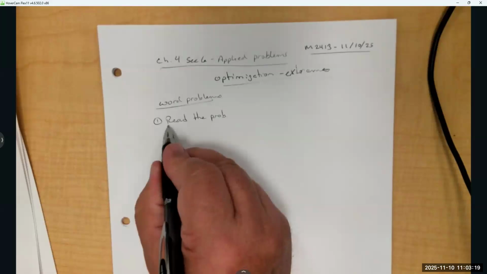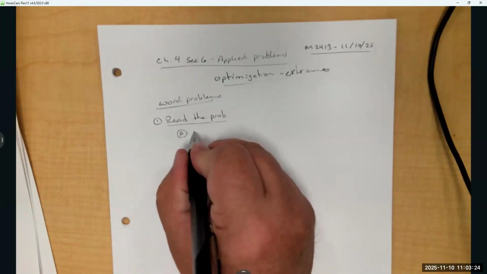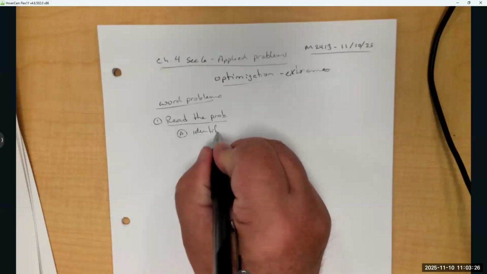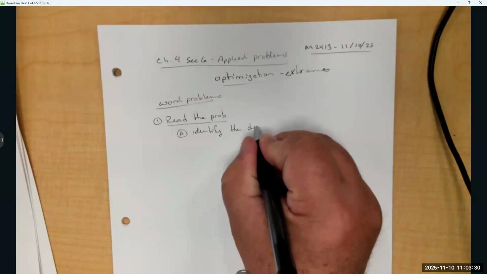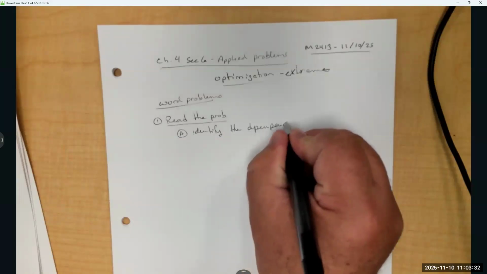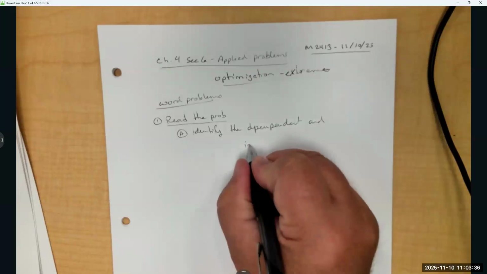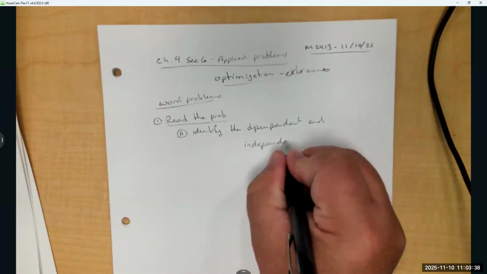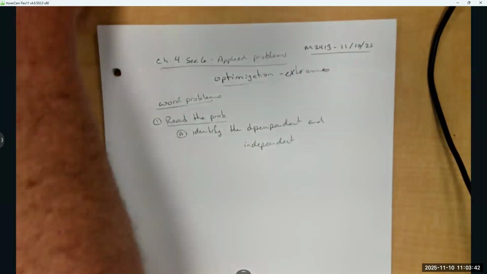When you read the problem, identify the dependent and independent variables. Do not work yet.